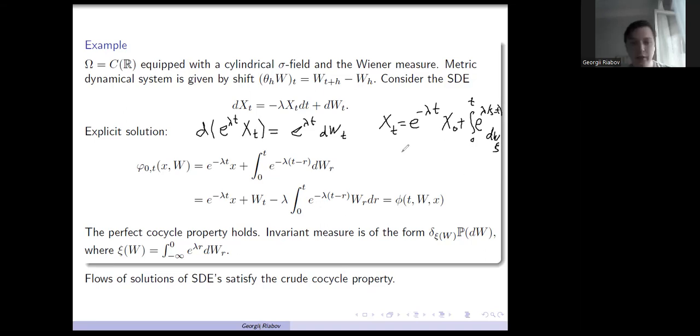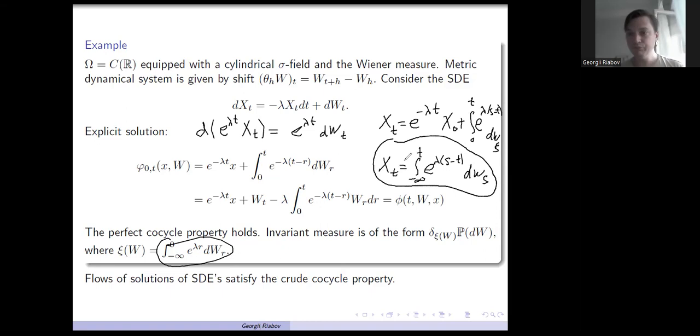Now, if we take the initial condition as this integral, we will deduce that X_t is the integral from minus infinity to t of e^(lambda(s-t)) dW_s. All these random variables are identically distributed, so their distribution is the stationary distribution for the Markov process.